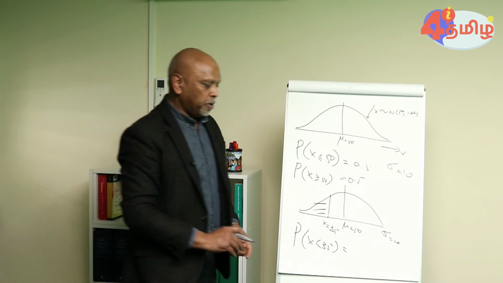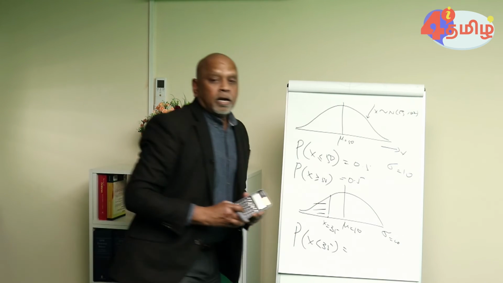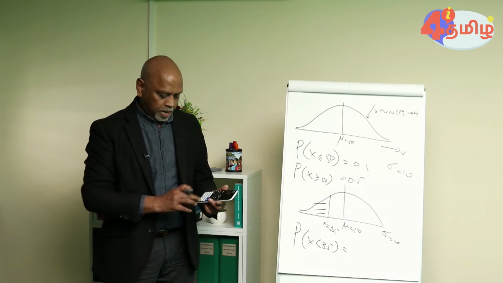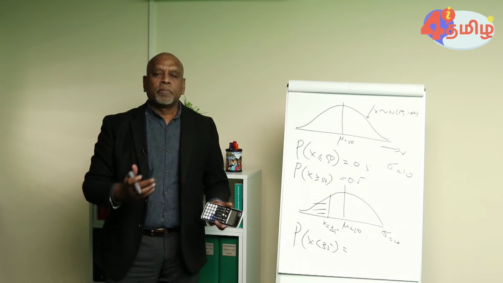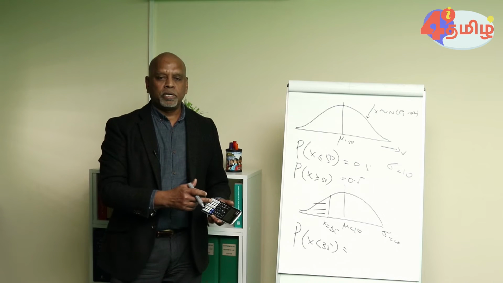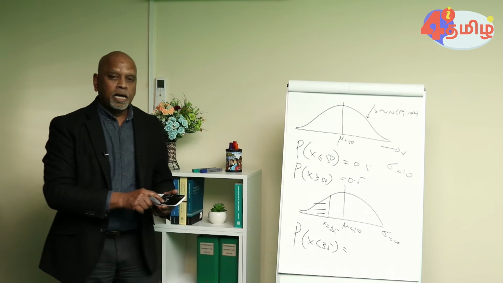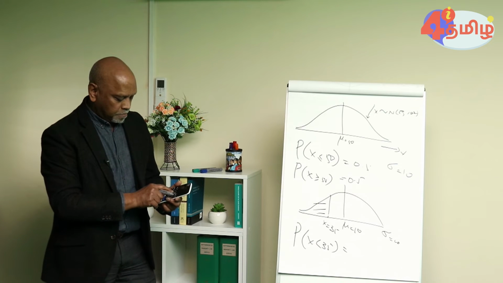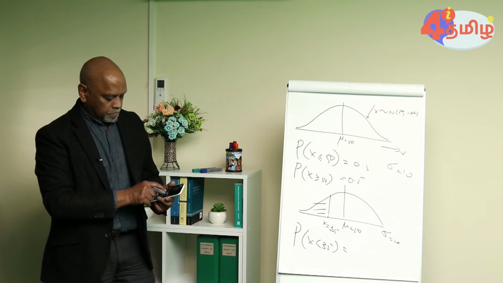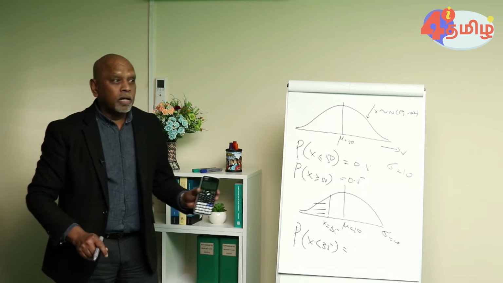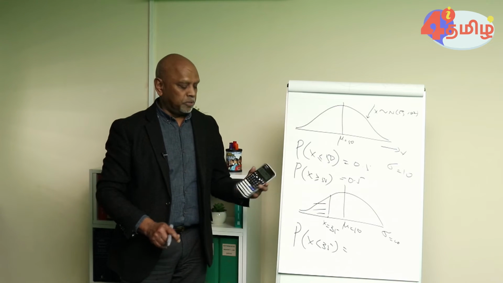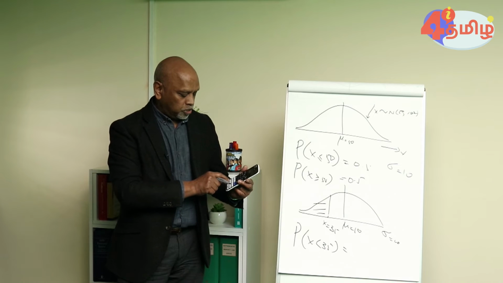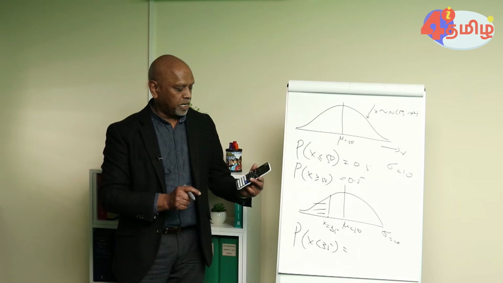To do that, you need a calculator like this. It's a scientific or mathematical calculator, and in that you can select normal distribution, and select option 2 in order to do this calculation. That's the normal distribution, and option 2 you have to select to do the calculation.